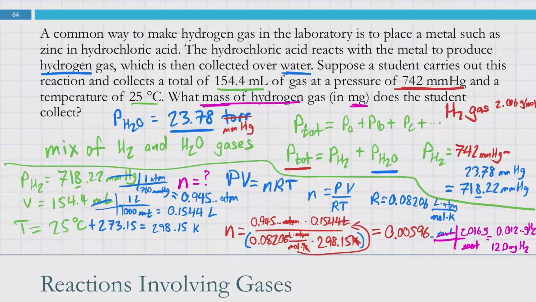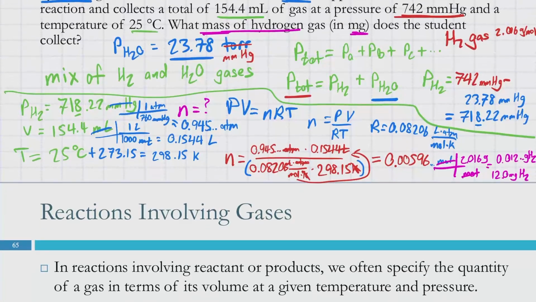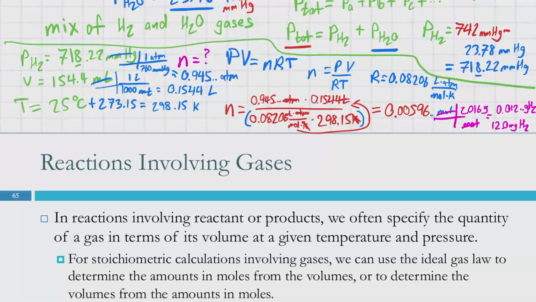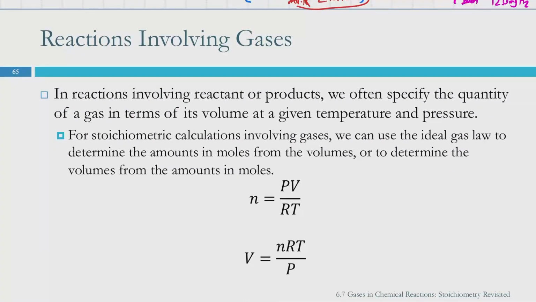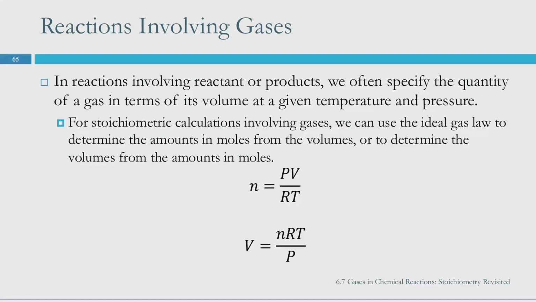Great. There's other ways that we can do things with gases. So we've looked at reactions previously. We can also do reactions with gases. So we're not always going to be reacting things that are in solid or aqueous or liquid states. Sometimes we will be using gases.